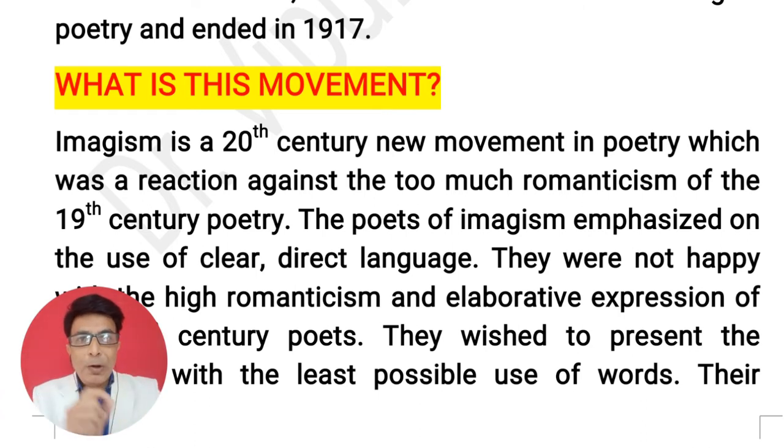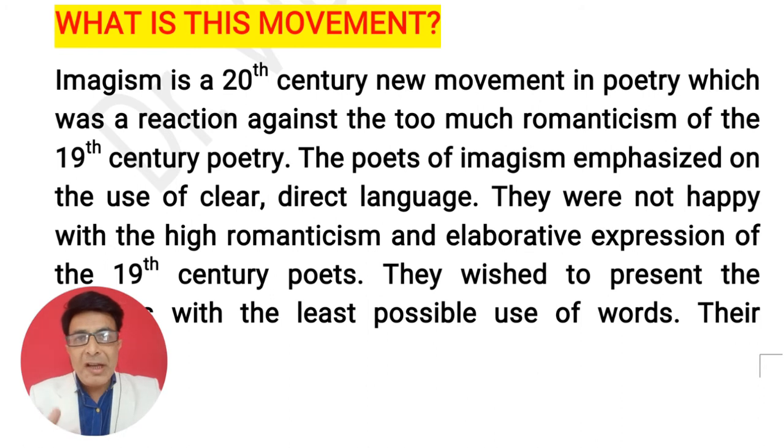The poets who followed this movement of Imagism emphasized the use of clear and direct language. They were not happy with the high romanticism or elaborate expression of 19th century literature.